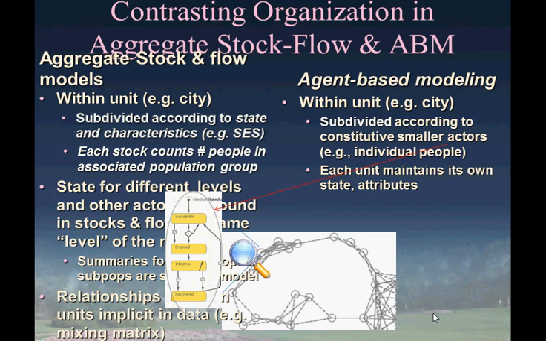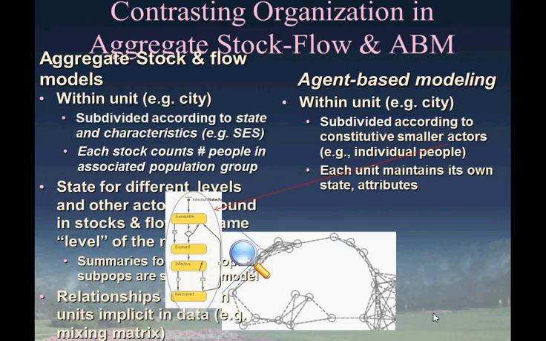With agent-based modeling, we're going to have a population divided into people or other agents, so it's organized according to agents, according to individuals. And for each of those individuals, what's it going to keep track of? It's going to keep track of their parameters, their characteristics, their current state, what's their current situation for that particular person, who they're connected to in networks, their location, things like that.